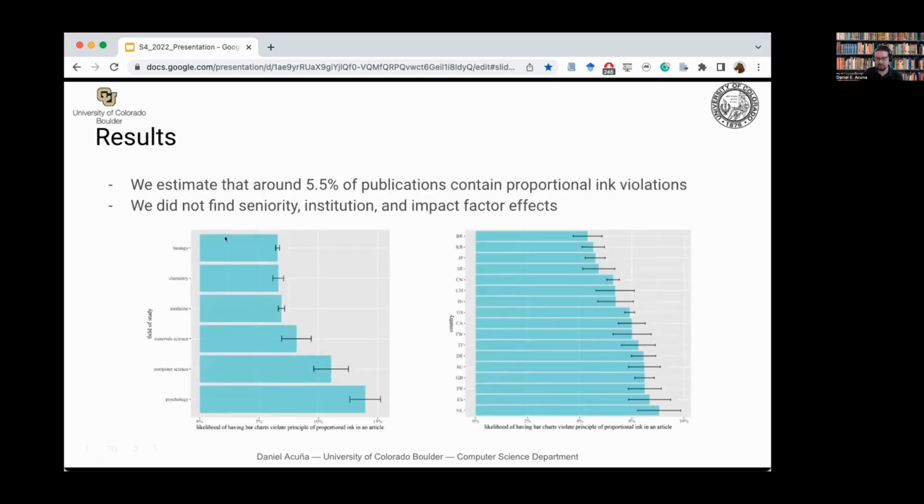And we found that around 5% of publications contain these kinds of issues. So there are graphs that are not intentionally misleading, but they have principles of graphical integrity that are not being met. And we have differences across fields and across countries as well.